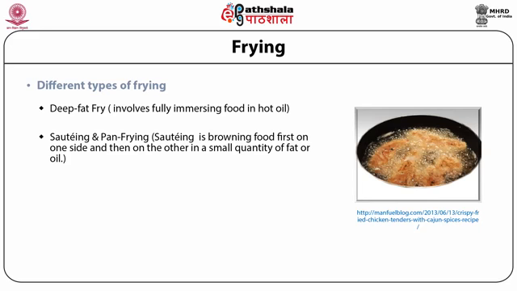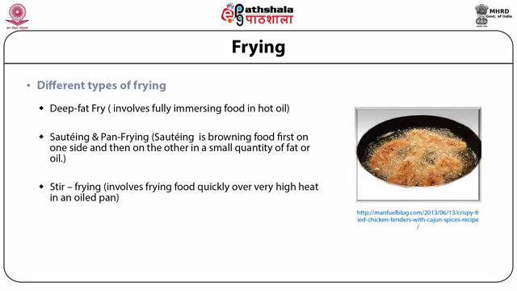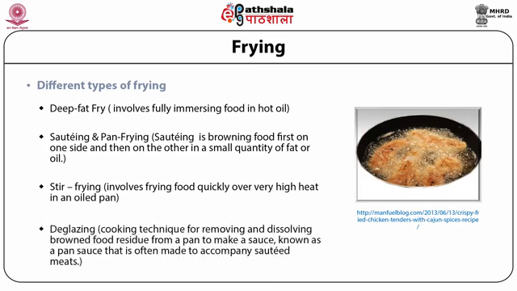Cover the pan to trap the steam and promote thorough cooking. Stir frying involves frying food quickly over very high heat in an oiled pan. While stir frying, you generally stir continuously.